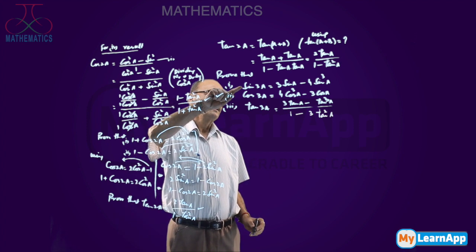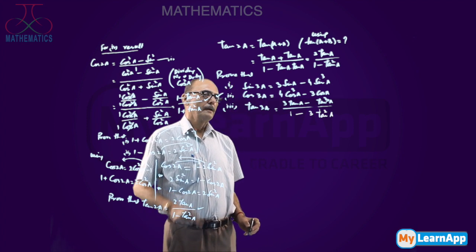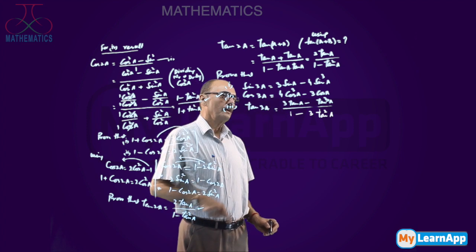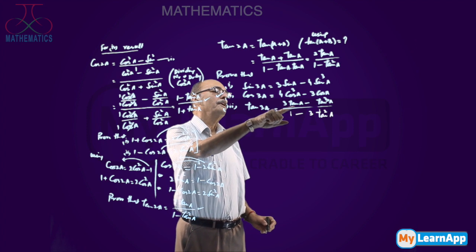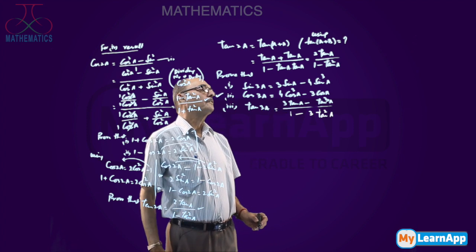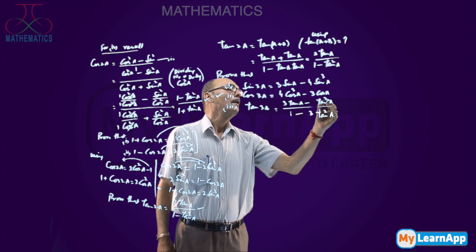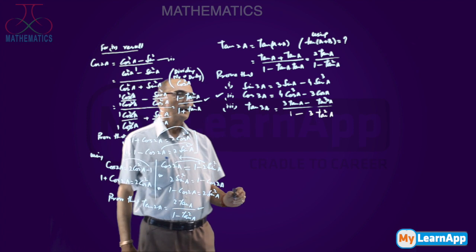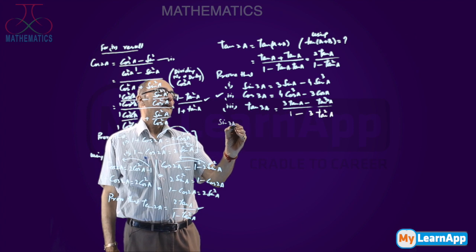Well, we shall prove this result one by one. Sin 3A equals 3 sin A minus 4 sin cube A, cos 3A equal to 4 cos cube A minus 3 cos A, and tan 3A equals 3 tan A minus tan cube A upon 1 minus 3 tan square A. We start with first, sine of 3A.